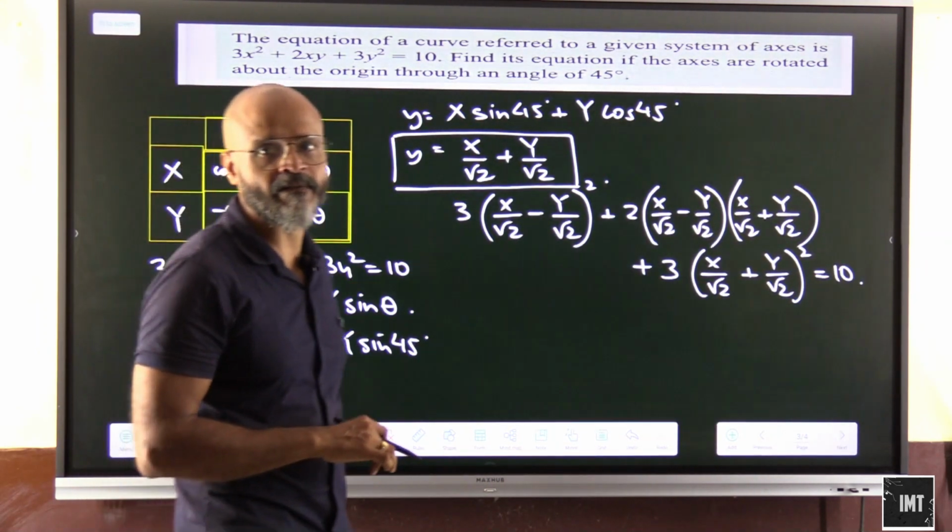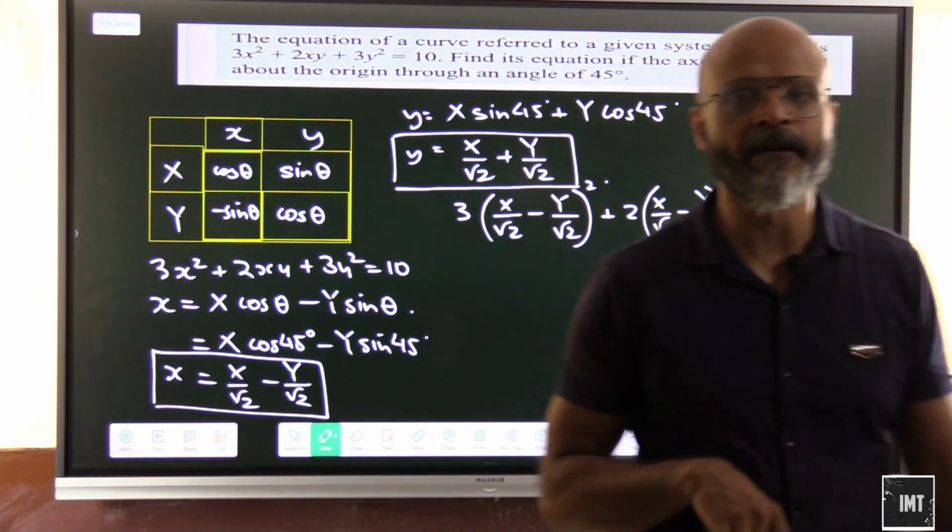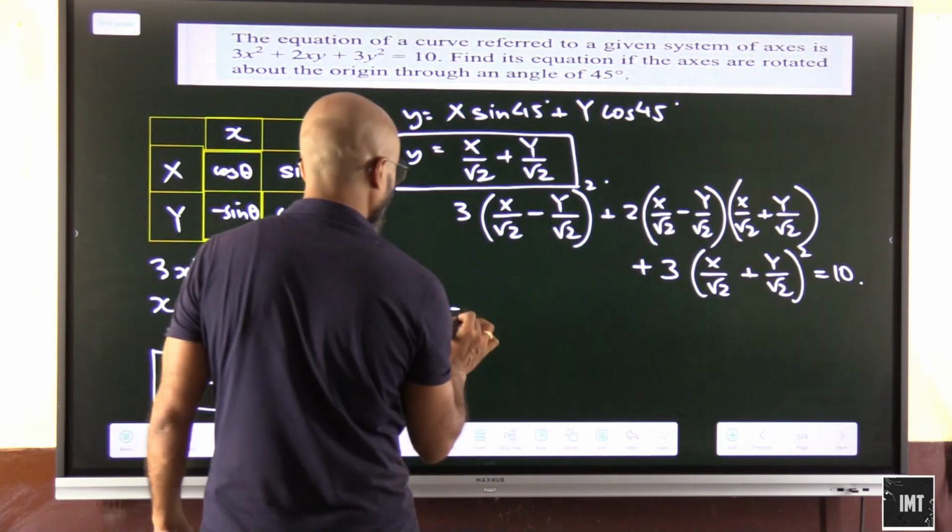We are just substituting the values of small x and small y in terms of capital X and capital Y. Okay, so here we will have how much?